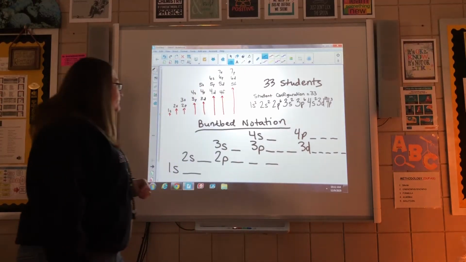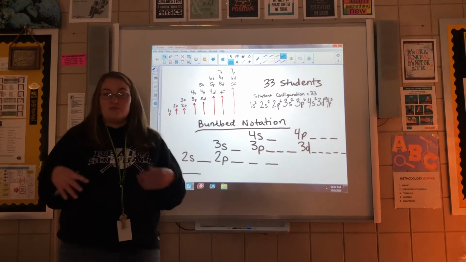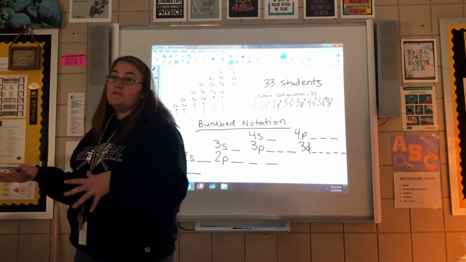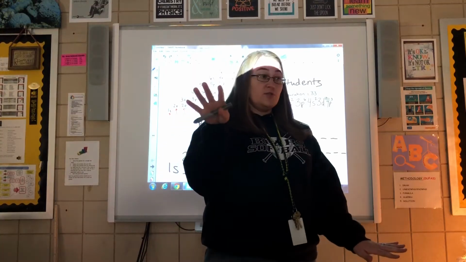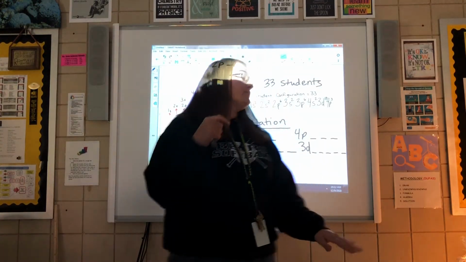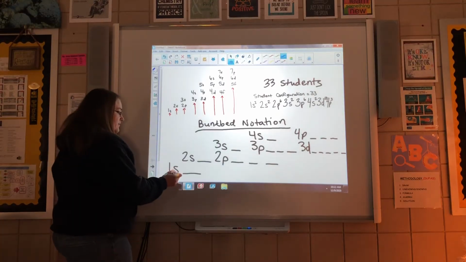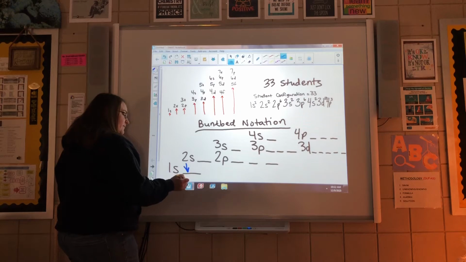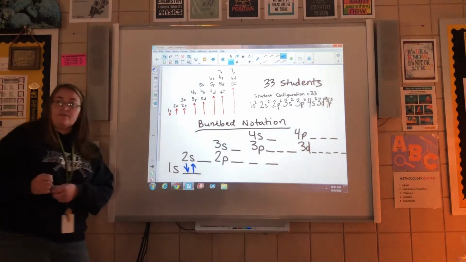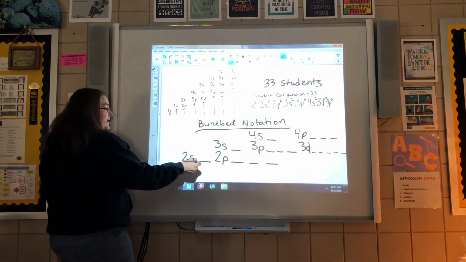All right, so I'm gonna fill up my bunk bed notation with how my rooms are supposed to be filled up. Because remember, Ms. Hunn always puts them in the bottom bunks before she puts them in the top bunks. Okay? All right, so we're going to be in the 1S first. So the first person goes in the bottom bunk, right? Second person then can go in the top bunk. And I filled up my 1st floor Sunnyside room. All right, so now I'm going to go to my 2nd floor Sunnyside.